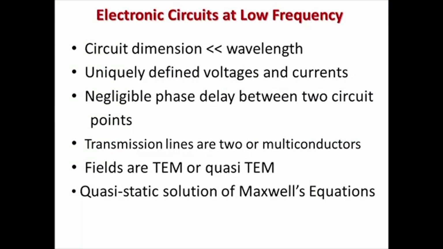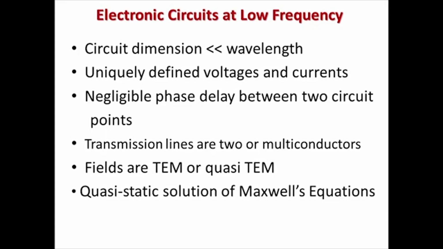Also at low frequency, the fields that are transmitted through those 2 conductor transmission lines are mainly transverse electromagnetic type, or even if not TEM, they are what we call quasi TEM. That means almost like TEM, or for all practical purposes like TEM.